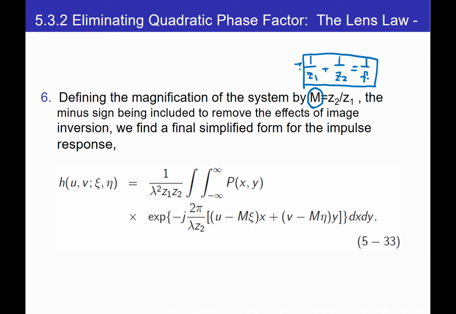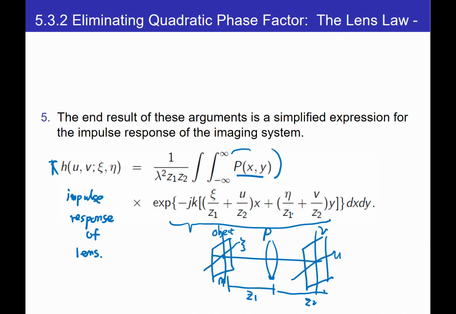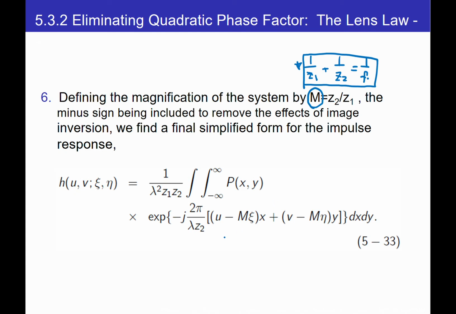Under these assumptions, we define the magnification m equal to z2 over z1, and then we get the relationship between z1 and z2, which is changed into a magnification factor, and then we get this relationship.